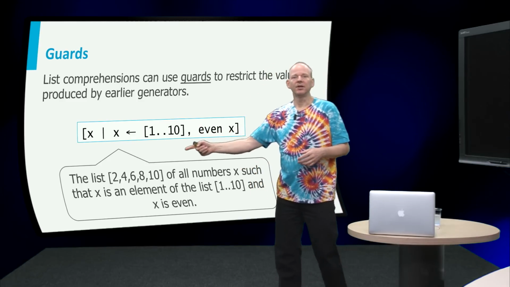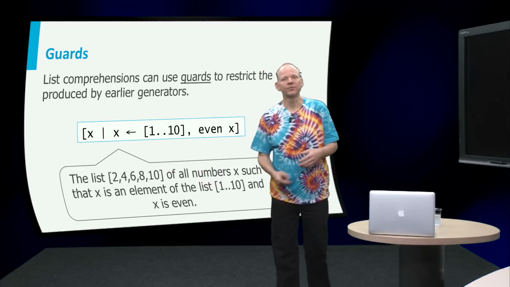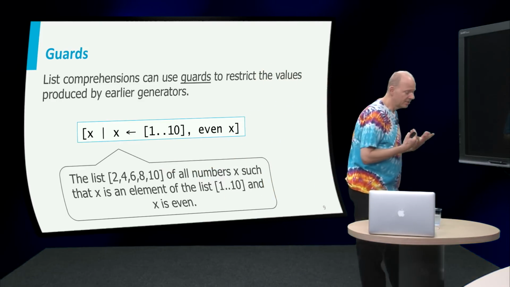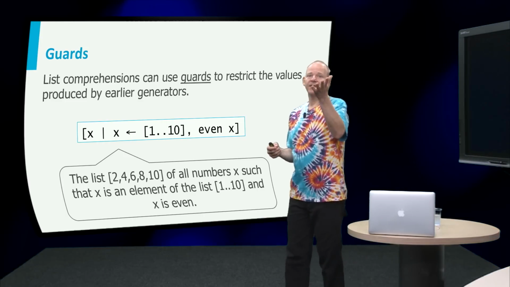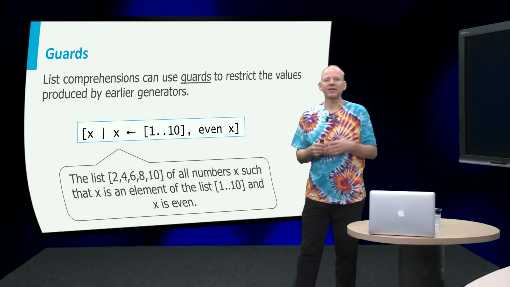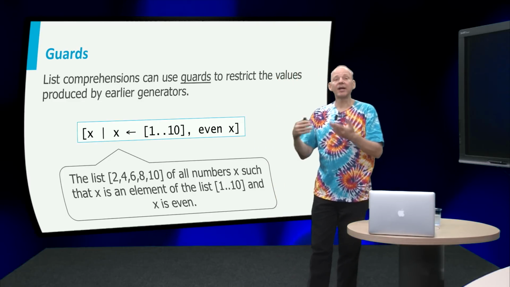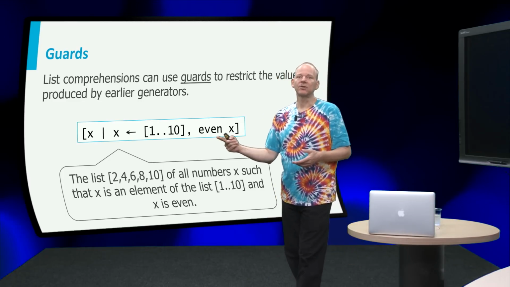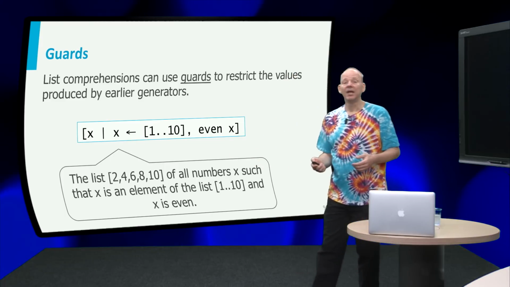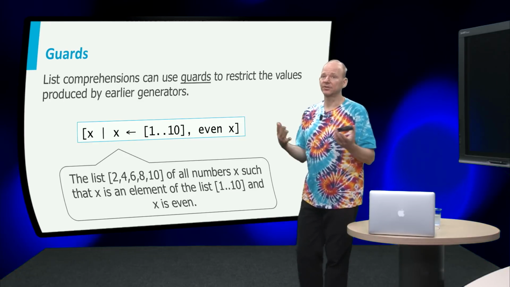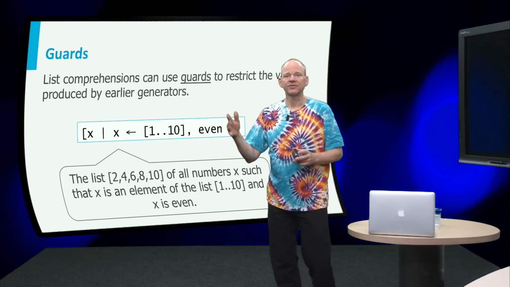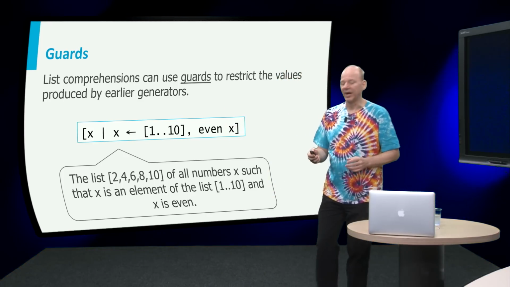So the result of this is the list 2, 4, 6, 8, 10, the even numbers between 1 and 10. And in SQL, you will recognize this as a select where. The where clause here is called a guard in Haskell. And if you use LINQ list comprehensions or comprehension syntax, that will also be called where.